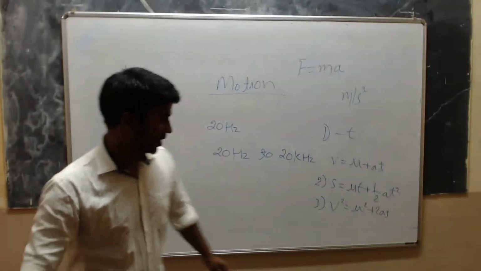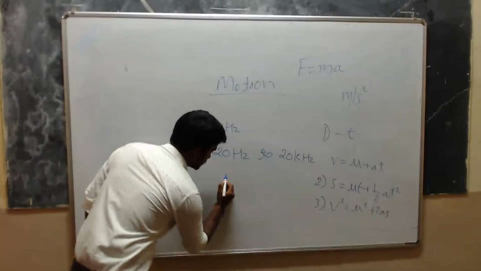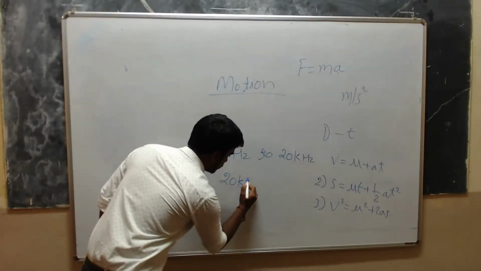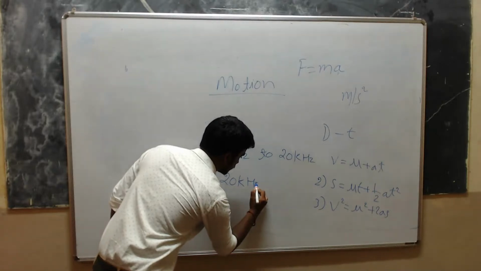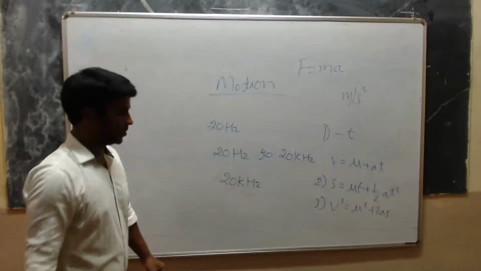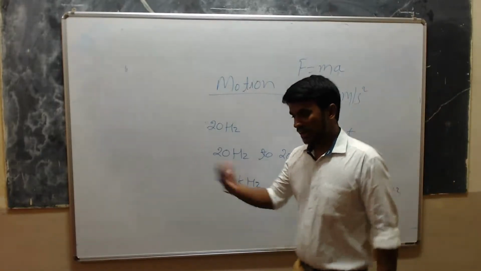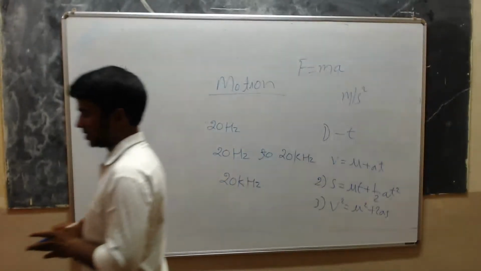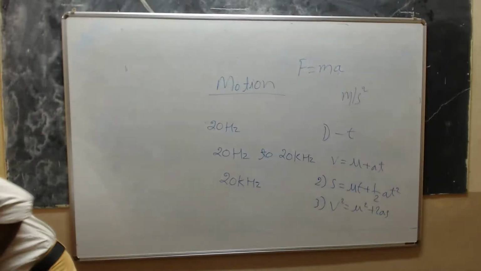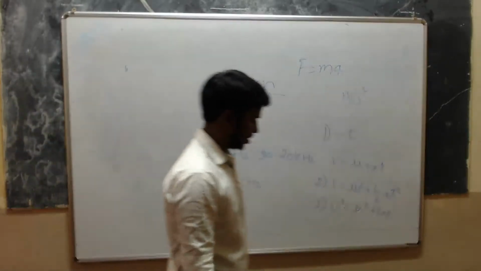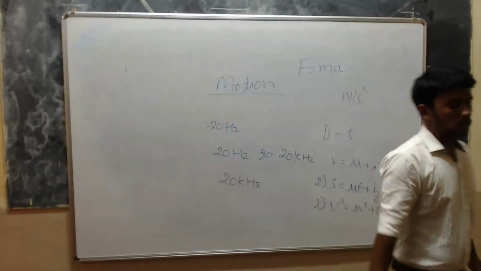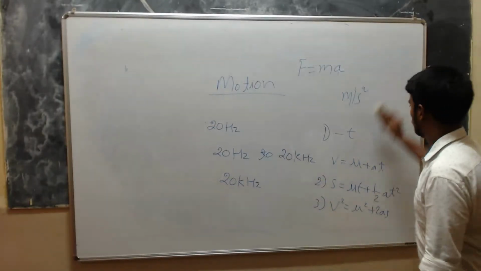Next, if the frequency range is above 20 kilohertz, then we call those ultrasonic sounds. Then at last we studied the applications of ultrasounds. So this much we studied in 9th standard. Hope you all remember these things.